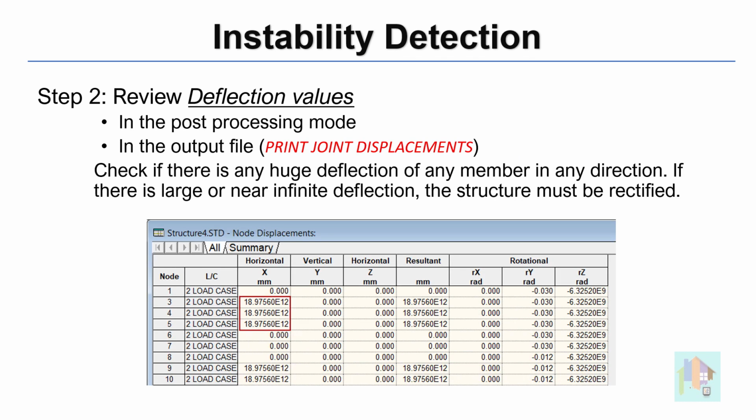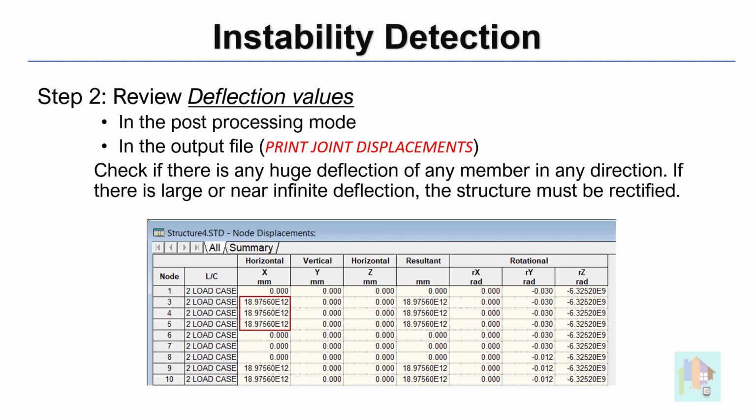Also, we need to check the deflection values to find out if there is any large deflection in the model. We can check this information from the post-processing mode or from the output file by using the print commands.